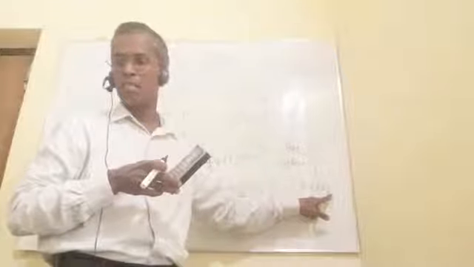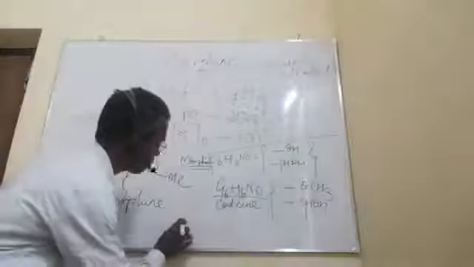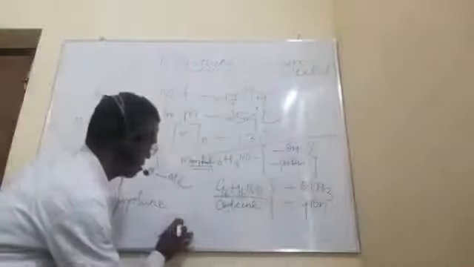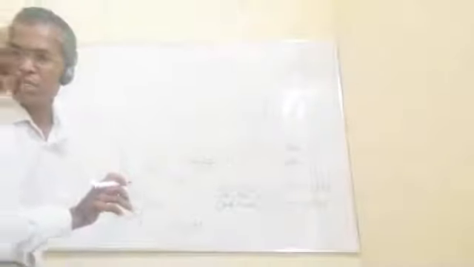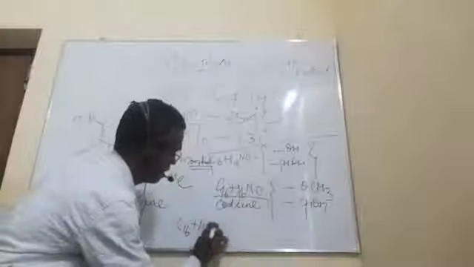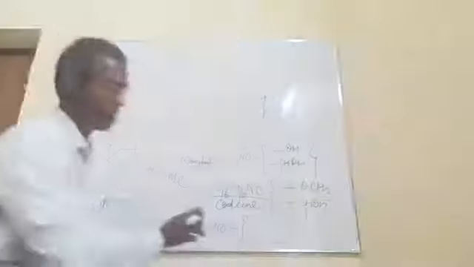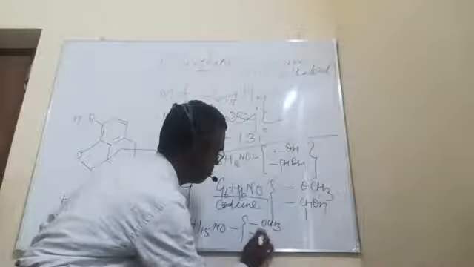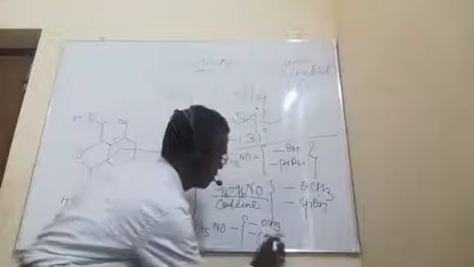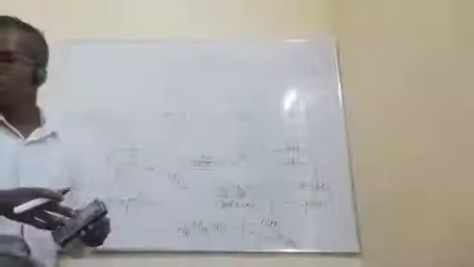And in thebaine, the last one, the basic formula is C16H15NO. In thebaine, there is one methoxy, OCH3, and one ketonic functional group. One ethylenic double bond is there.